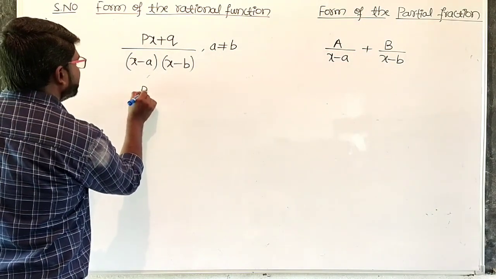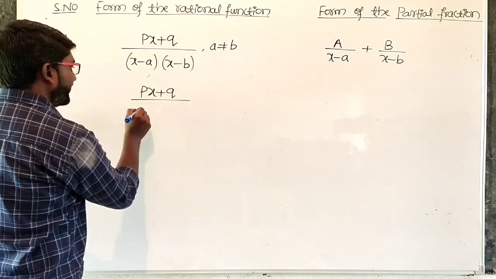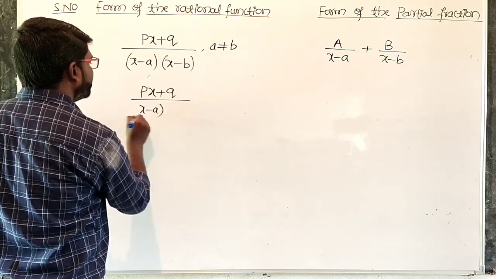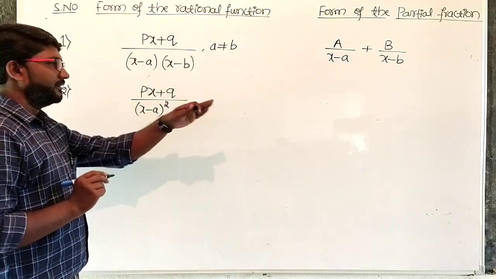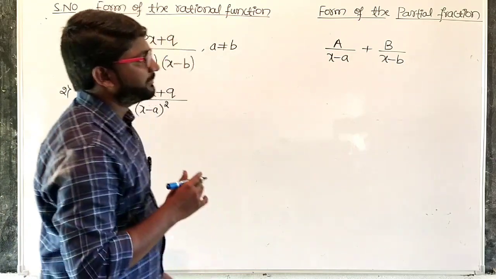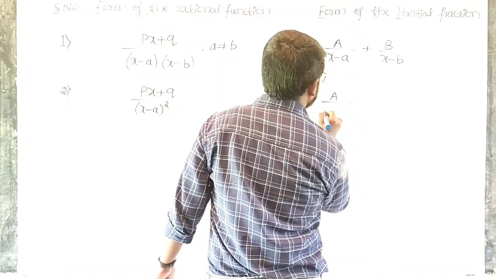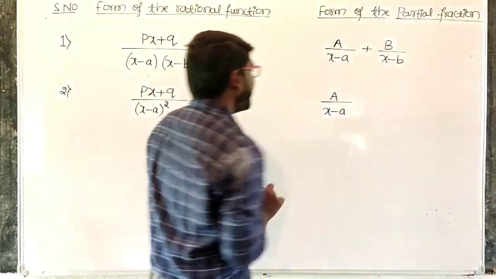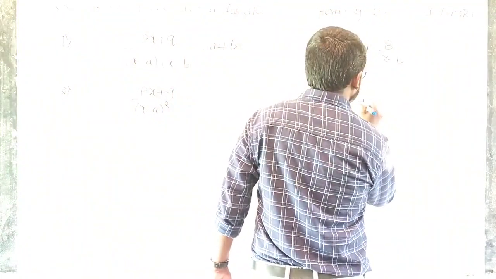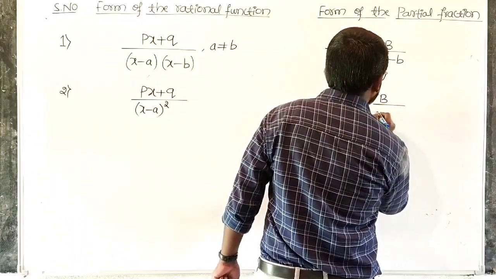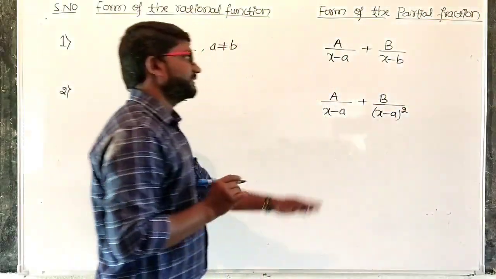Px plus q divided by x minus a the whole square. Then write the corresponding form of the partial fraction. So it is A divided by x minus a plus B divided by x minus a the whole square.